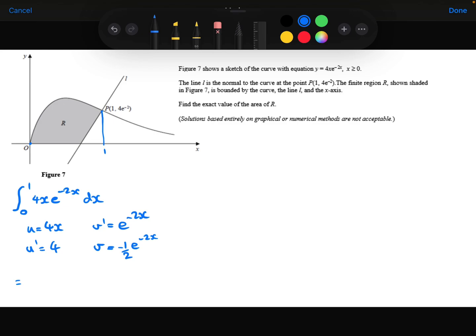So we're going to get u times v, so that's this times this, so I'll get minus 2x e to the minus 2x, minus the integral of u dash times v, so that's this times this, so that's minus 2 e to the minus 2x.